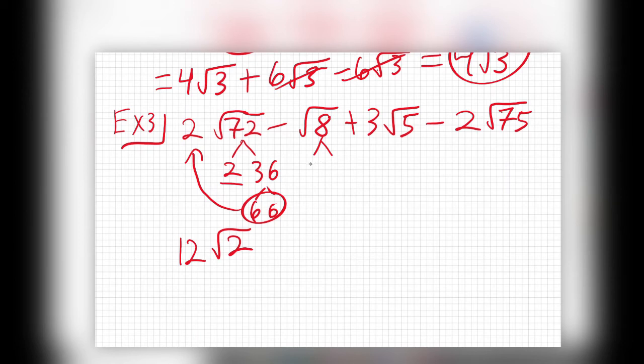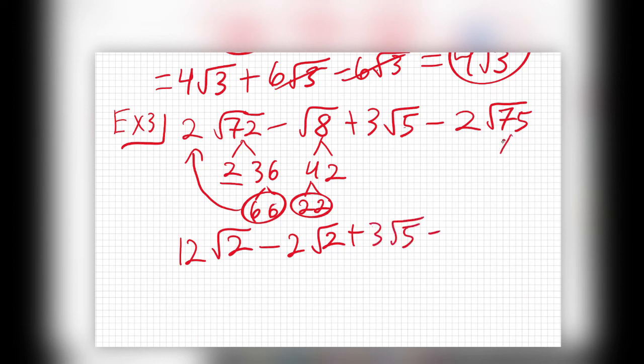Now, square root of 8 becomes 4 and 2. 4 gets broken down into 2 and 2. So it's minus 2 times the square root of 2 plus 3 square root of 5. There's nothing we can do there, so we just carry that down. Minus the square root of 75.